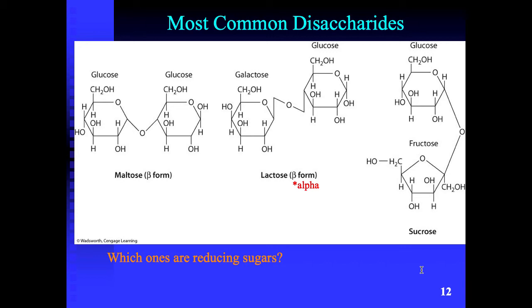So the glycosidic bond has nothing to do with the form of the disaccharide. Maltose has 2 potential structures.